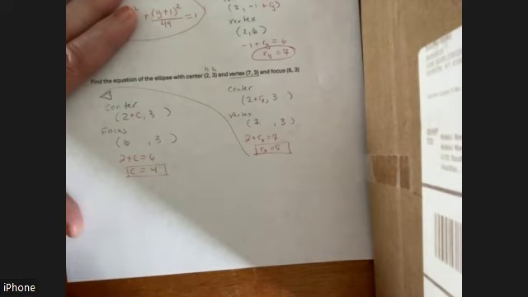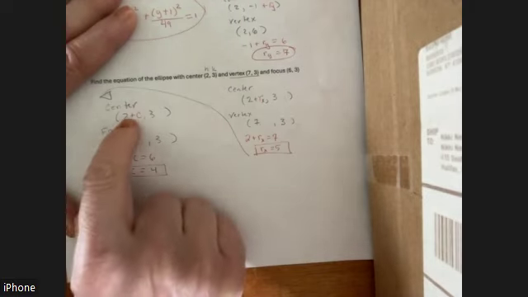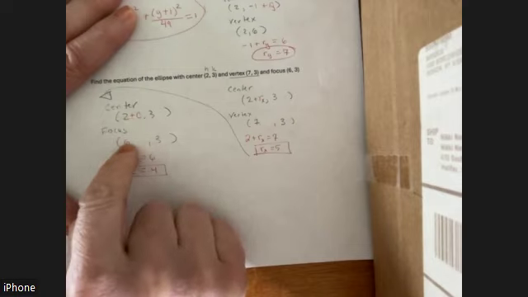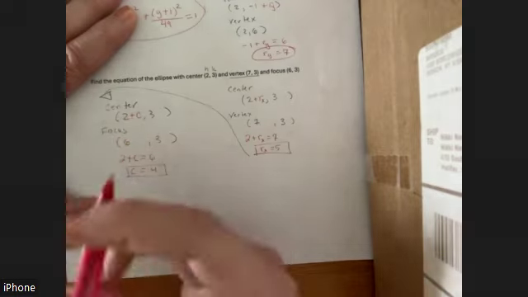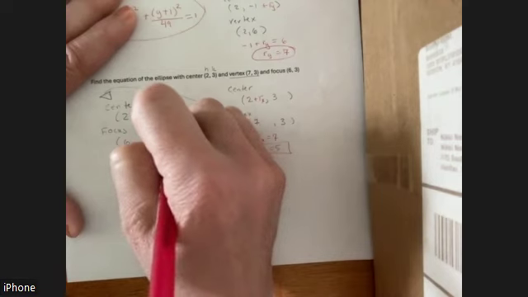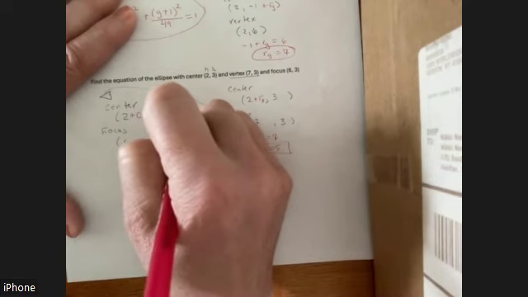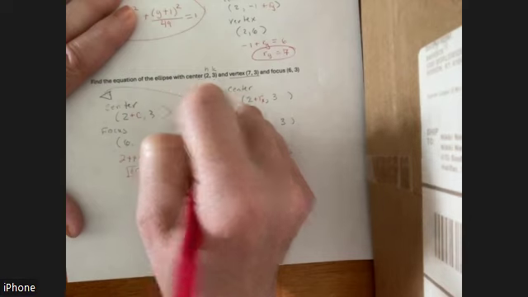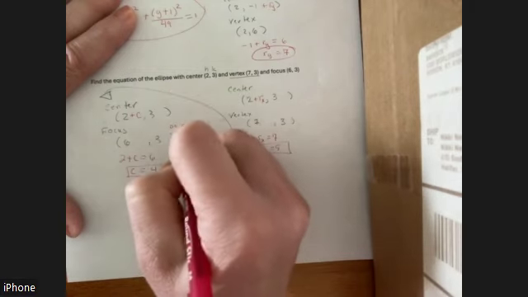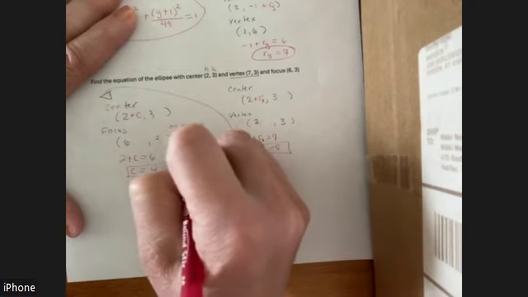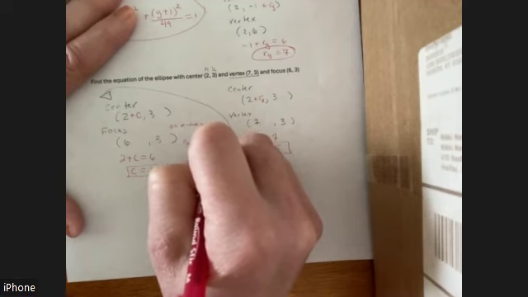So let's make sure we know what axis the focus is on. So notice we changed X to get the focus. So that means that the focus is on the X axis of the ellipse. That means that R sub X is larger.